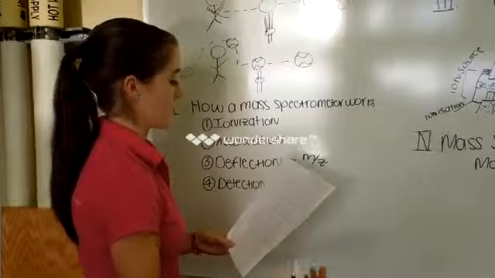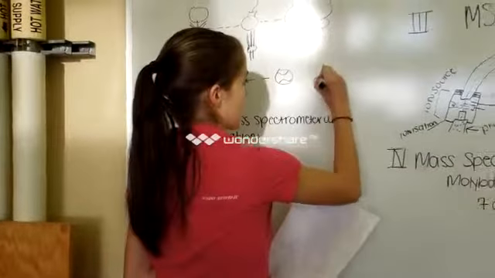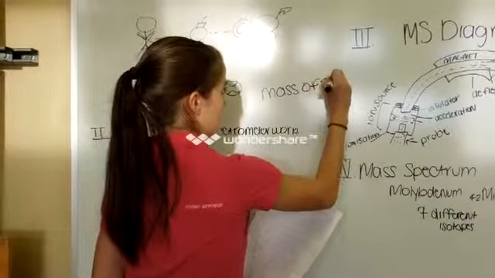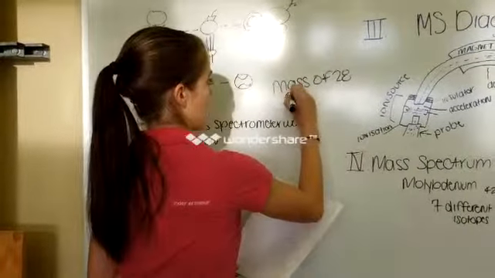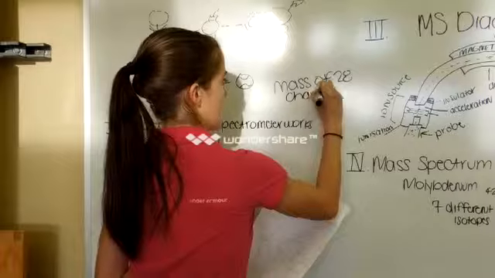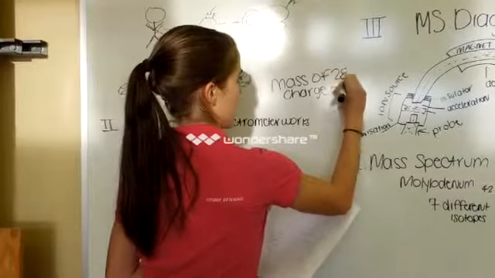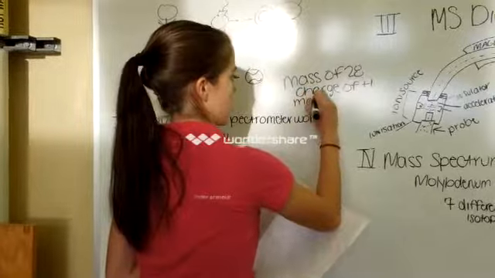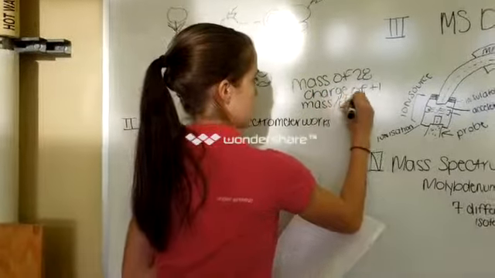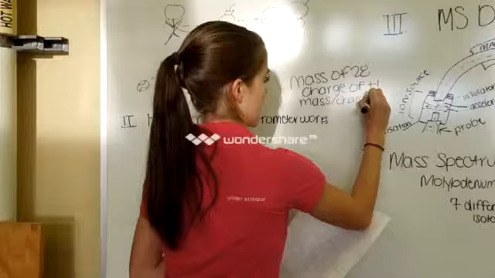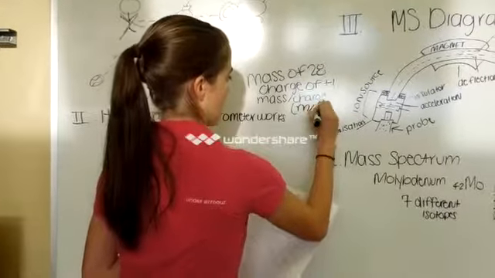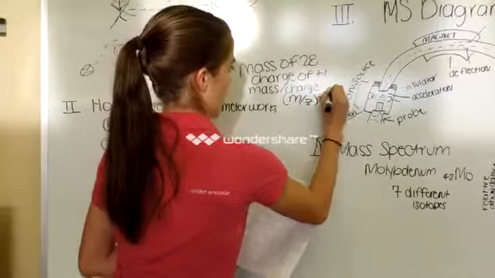So, say for instance you have a mass of 28 and a charge of +1. Your mass to charge ratio, which is expressed as m/z, would equal 28.